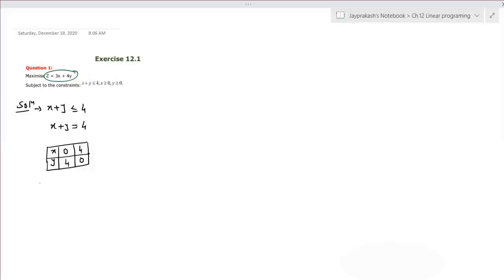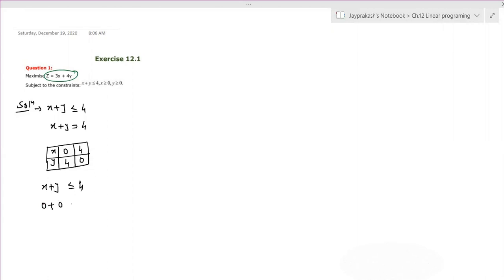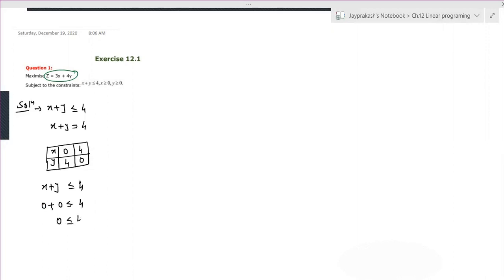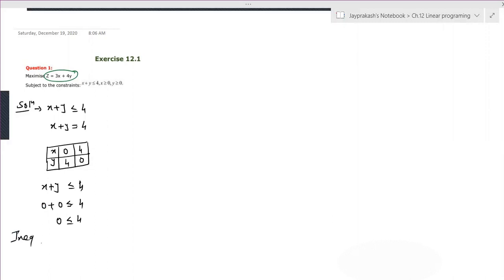Now for the checking of the inequality x + y ≤ 4: x is 0, y is 0, so 0 ≤ 4. Yes, the inequality holds true.